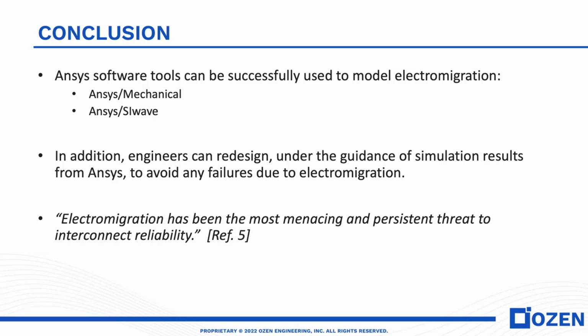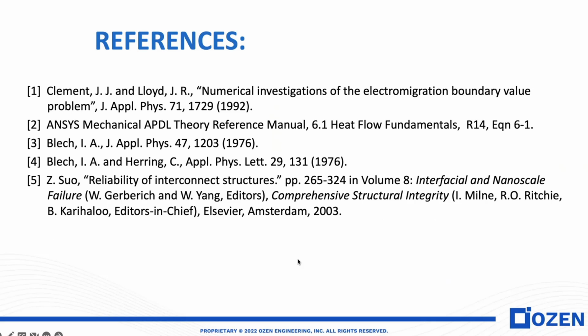And the engineers can redesign under the guidance of simulation results from Ansys to avoid any failures due to electromigration, so that we can address what reference 5 said, that electromigration has been the most persistent threat to interconnect reliability. So Ansys made it easy so that we can do quick calculations to be able to predict electromigration failures.